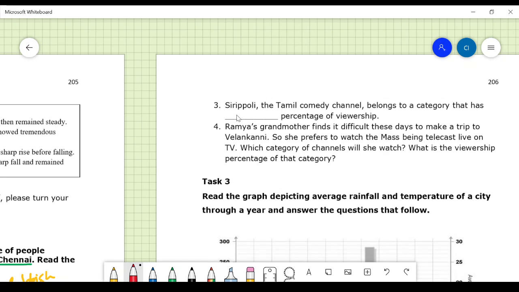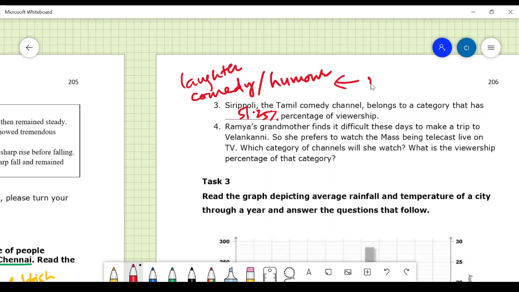If there were a separate channel connected to laughter, comedy or humor, there is no such mention in the graph. Therefore, I'm just taking it as entertainment only, completely.